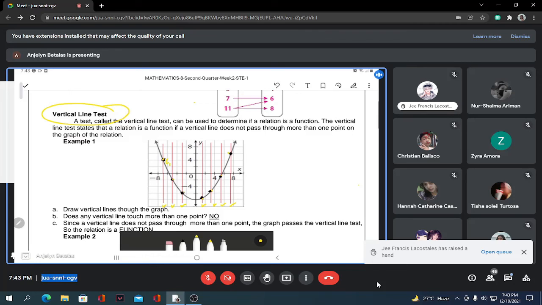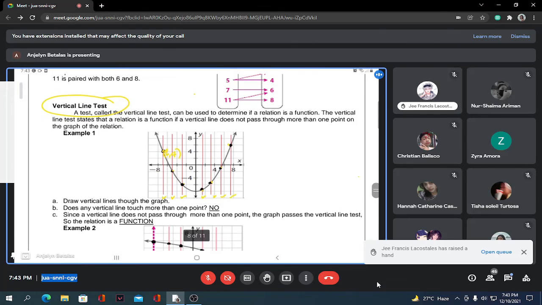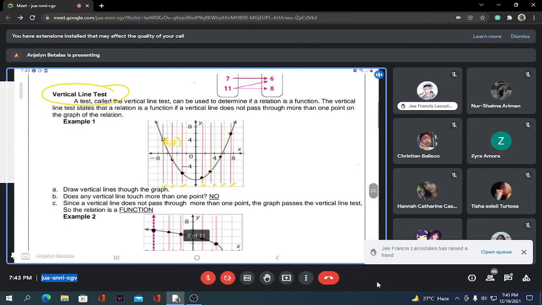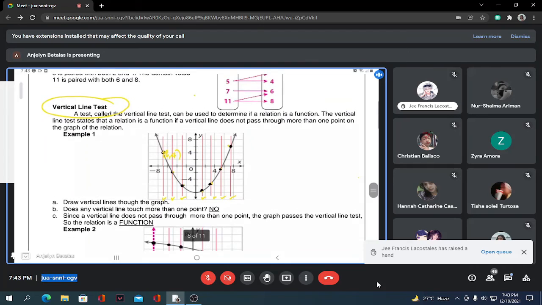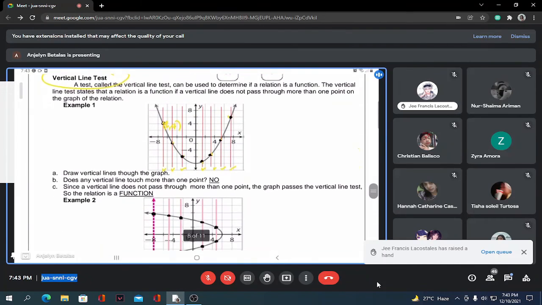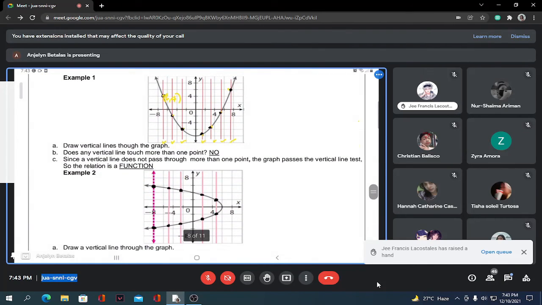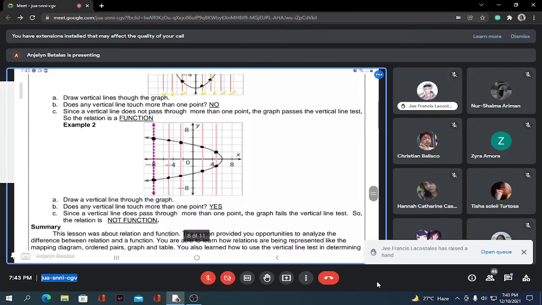This is 6, 4. So kung imo na i-identify mga points, wala dyan magbalik-balik na lang x. Nakuha? Consistent gapon ta sa atong definition. Now, for every input, there is a corresponding one output.